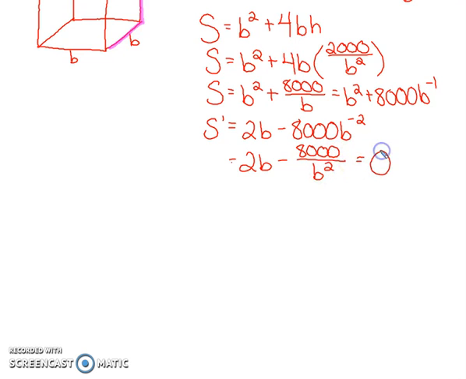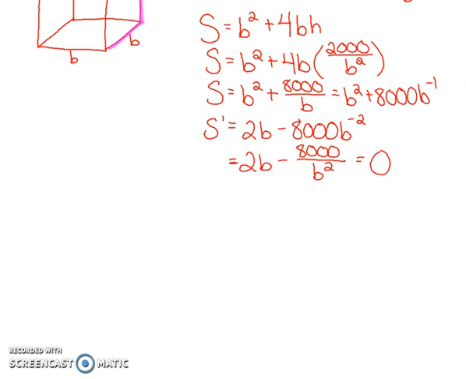Now, this derivative will not exist when b is 0. But logic tells us that I can't have a b of 0 because that would mean that I have no base length. So my box wouldn't even exist. So that's irrelevant. So all I need to worry about is solving for when this equals 0.